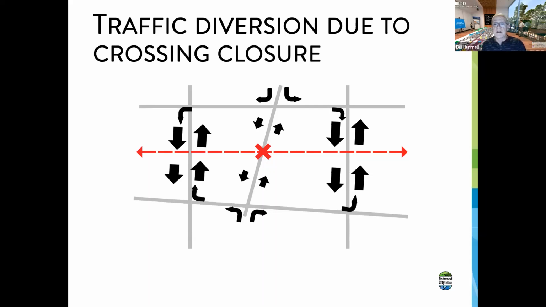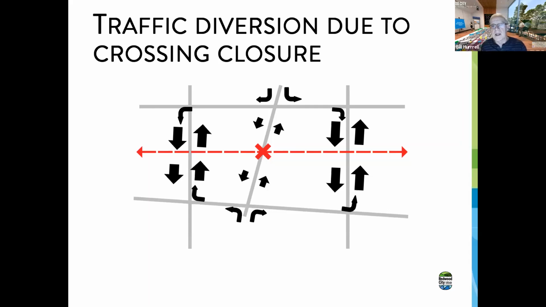So you can see with the arrows that people approaching from either side, they're turning either right or left to go to the adjacent crossing. So what happens is that the traffic volumes on the adjacent two crossings go up. But what also happens is that the turning movements at the intersections nearby increase. So you end up with some changes in traffic operations because of this.